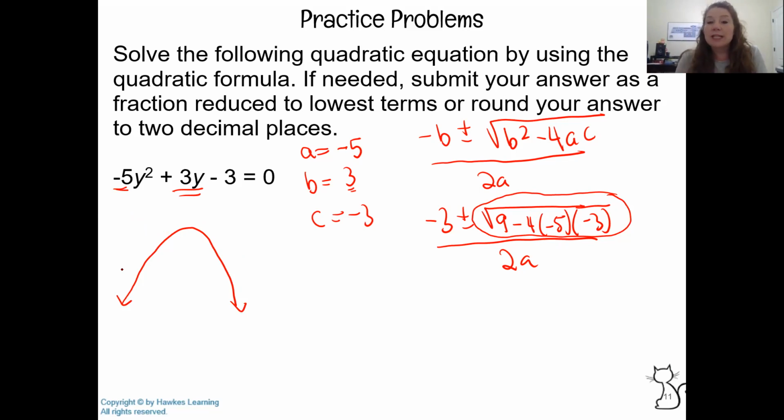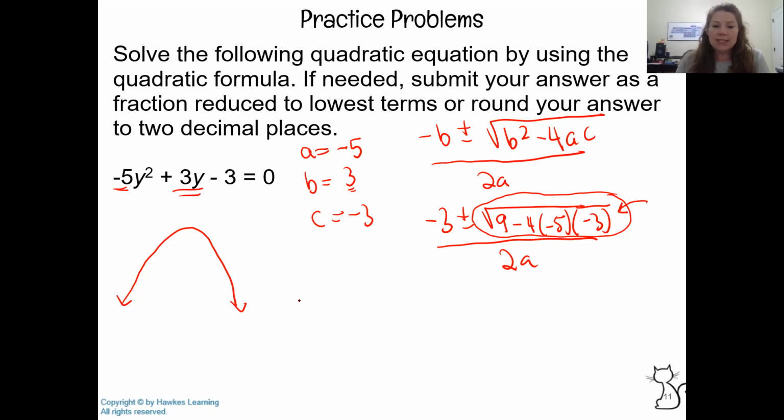So then you have to read your directions. If your directions say to list the solutions, real numbers, you would have to put your answer is that the real numbers do not exist, because we ended up with a negative under our radical. However, sometimes it will accept complex numbers, which include the I. Remember that?